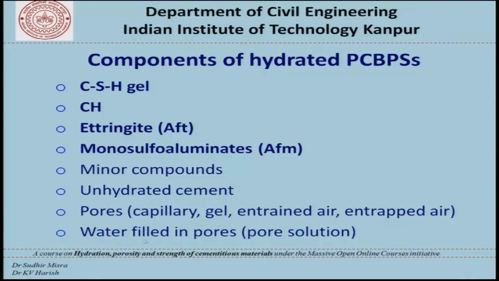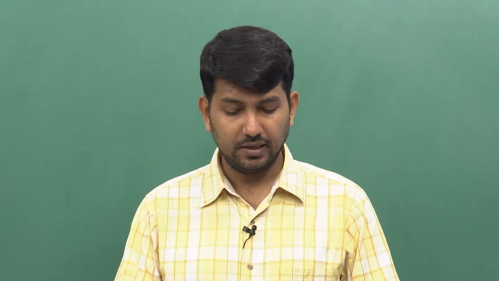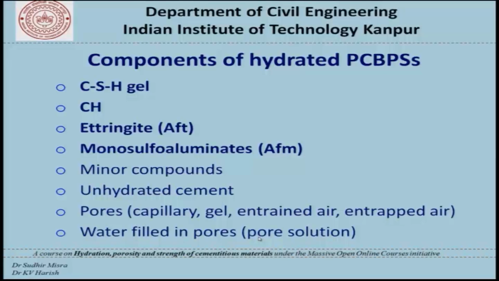Some pores may be completely empty, some may contain water. The water filled pores are many times called pore solution. In this lecture we will concentrate only on the first four components. The other components will be covered at a later stage.